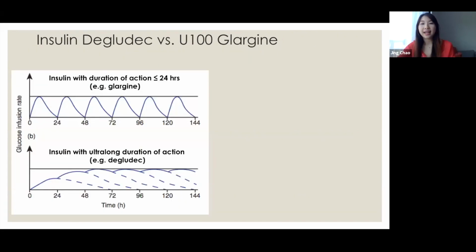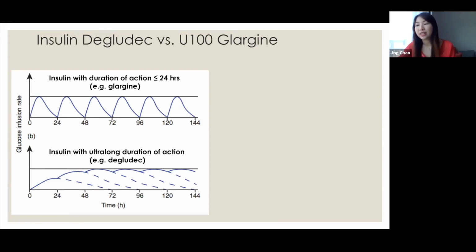On this slide, I have Glargine represented on the top part of the curve, where you see that each dose becomes effective and wanes in a 24-hour period. And then at the bottom of the slide, you have insulin degludec represented with each dose given daily, building on top of the prior dose and achieving steady state in about 3 to 5 days.